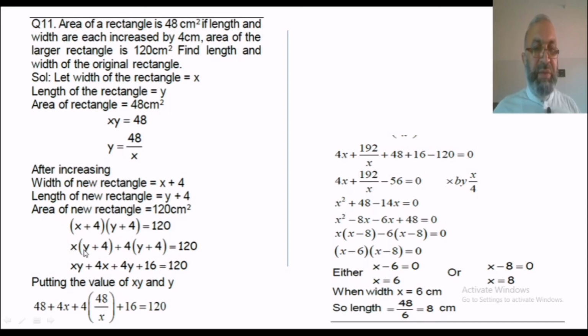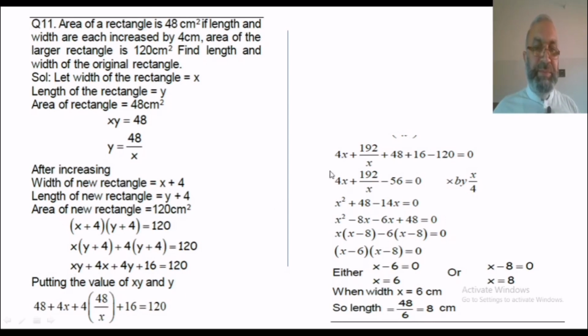After simplification we get xy plus 4x plus 4y plus 16 is equal to 120. Putting the value of xy as 48 and y as 48 by x, we have 48 plus 4x plus 4 into 48 by x plus 16 is equal to 120.